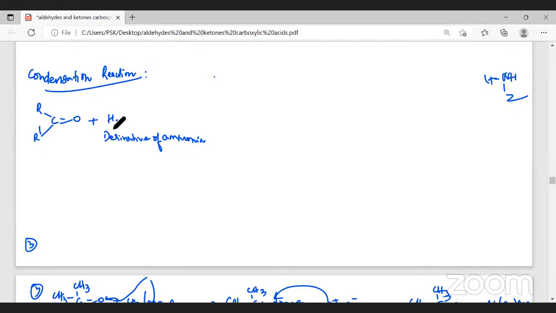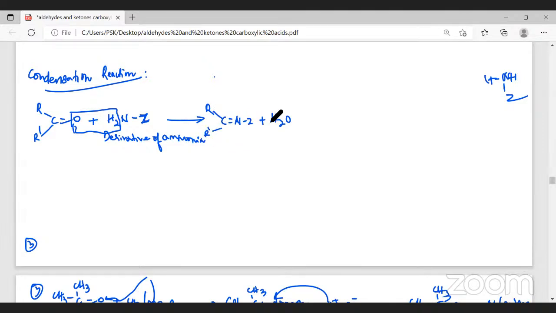We represent it as NH2-Z, where one of the hydrogens is replaced by the Z group. Now, this hydrogen and this oxygen get eliminated as water. When they get eliminated as water, what's the product we get? You get R, C double bond N, Z, and you have R dash.